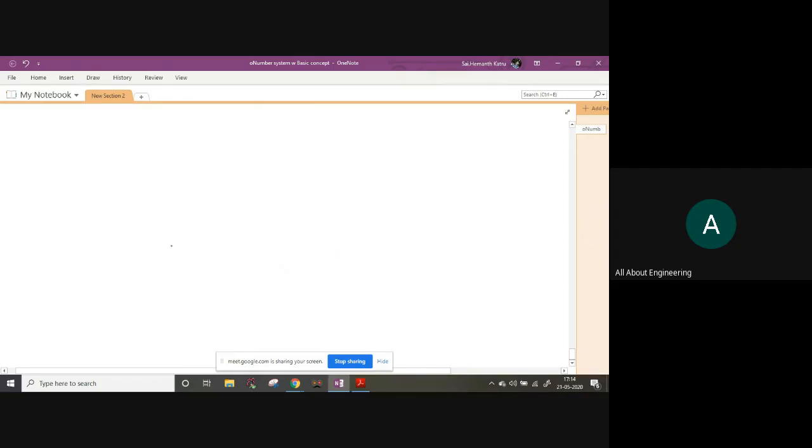Now I will end this session with one more interesting question. You try this and let's end our discussion. The minimum number of 2 input NAND gates required to implement the function F equal to AB plus CD plus EF.